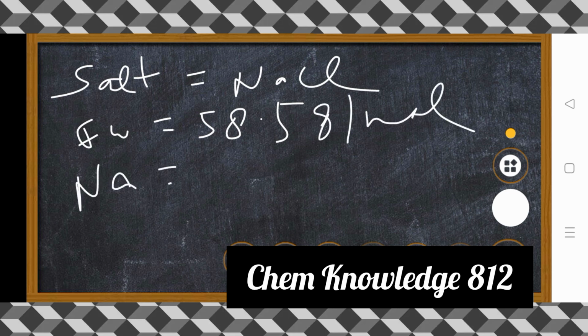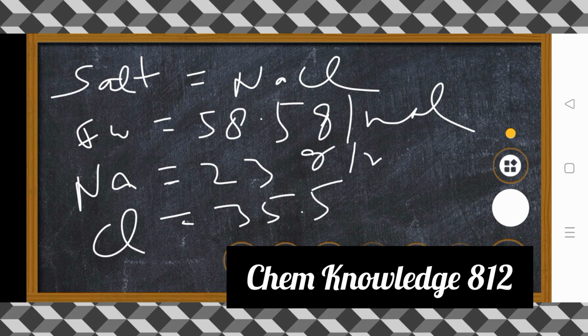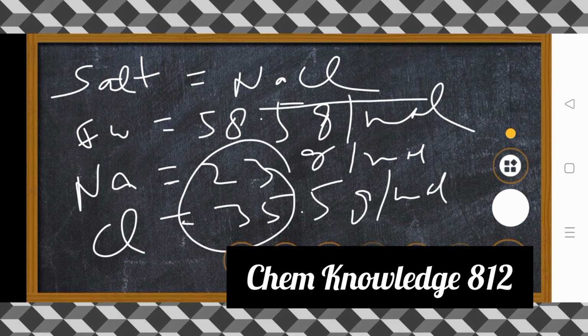Because sodium has its mass number and chlorine has 35.5 gram per mole, so by adding these we will get this one. So this is the formula weight of sodium chloride.